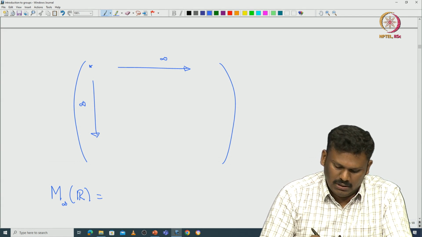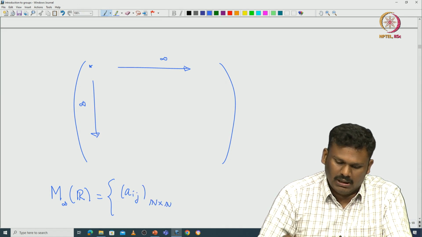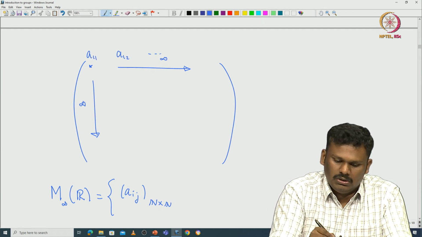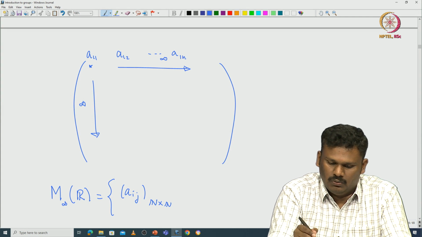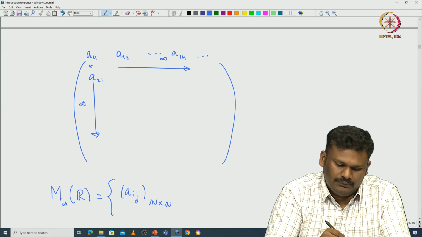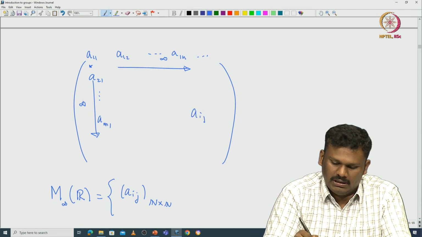So these are those matrices Aij indexed on n cross n. That means you have A11, A12 and so on, all the way to A1n and so on. Similarly, A21 and so on, An1. So it never stops. Some typical ijth entry will be here.